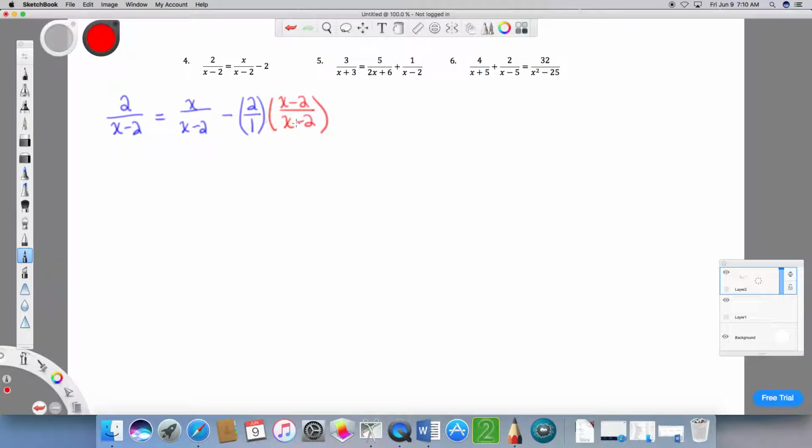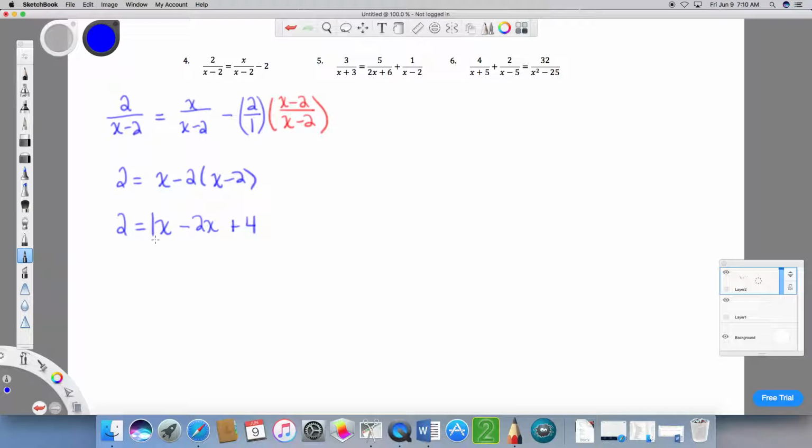And when that occurs, if we multiply every term, both sides of this equation, by that common denominator, we clear all the fractions. We clear the denominators. So on the left-hand side, we have 2, and on the right-hand side, we have x minus 2 times the quantity x minus 2. So we take this negative 2 and distribute it to both terms.